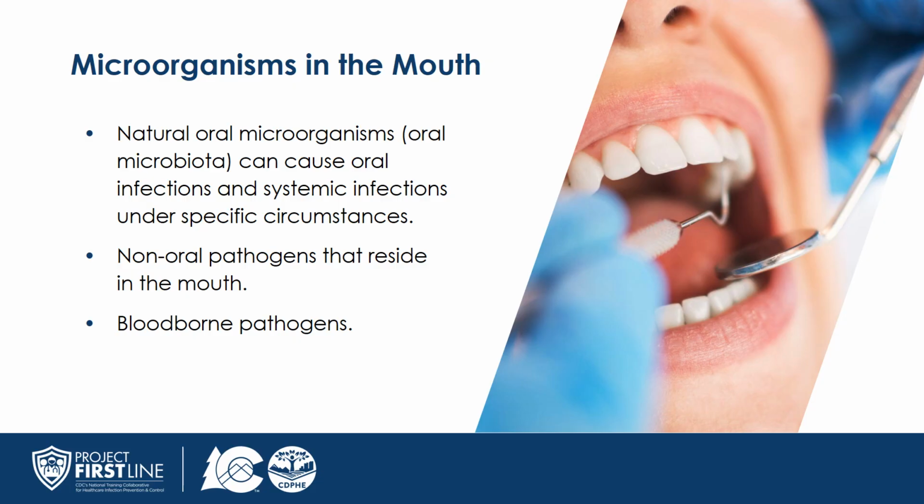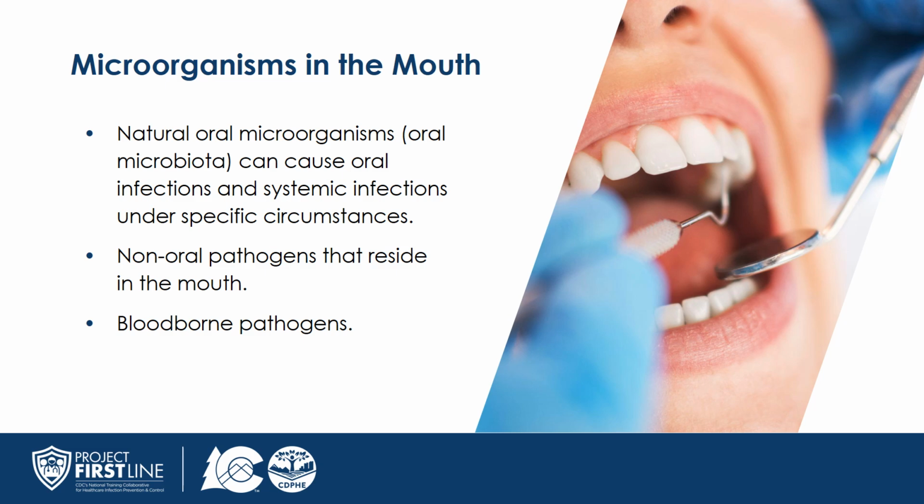Now, what germs live in the mouth? The mouth has its own natural oral flora, or what we call oral microbiota, which means the bacteria and other microorganisms that exist within the mouth that are supposed to be non-harmful, non-pathogenic microorganisms. We often refer to these types of germs as commensal microorganisms.